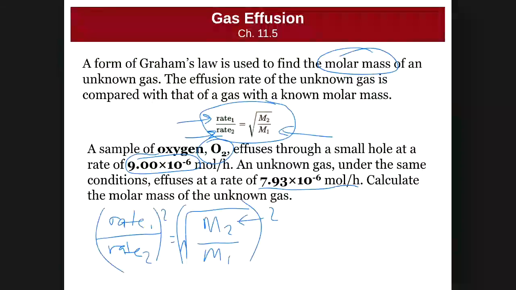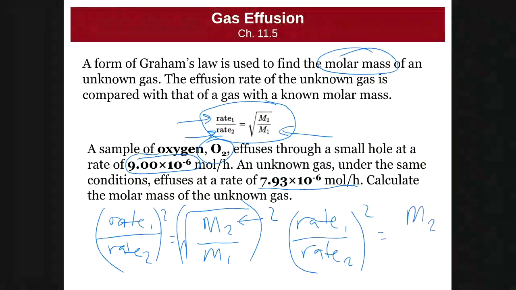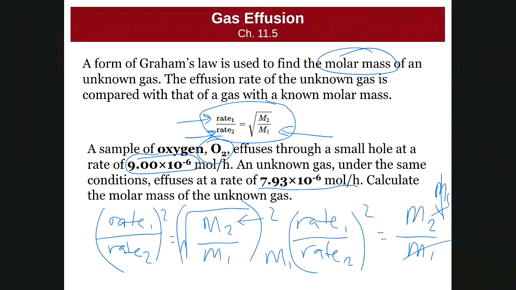So rate 1 over rate 2, squared, is going to be equal to M2 over M1. These are molar masses. So if we want to get M2 by itself, we multiply both sides by M1 to cancel it out and put it over here. So now we have our equation solved for M2.